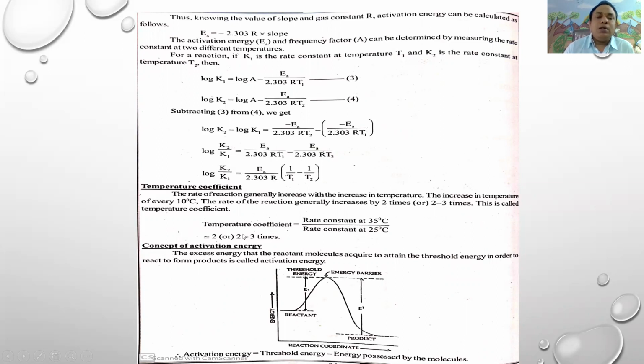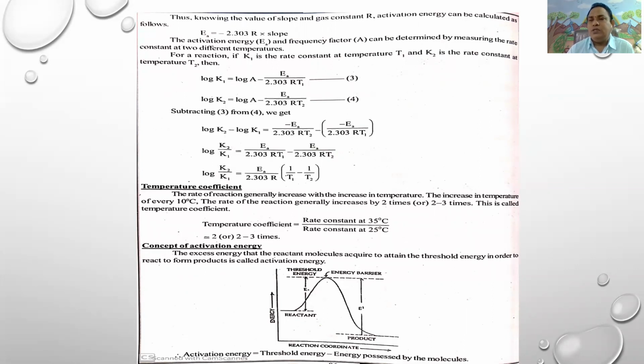Here the main concept of activation energy is the excess energy that the reactant molecules acquire to attain the threshold energy. Threshold energy means the minimum amount of energy required for the reactant molecules to participate in the chemical reaction. During chemical reactions, the reactant molecules collide with each other. The collisions between the reactant molecules cause the chemical reaction, but not all collisions cause a reaction.